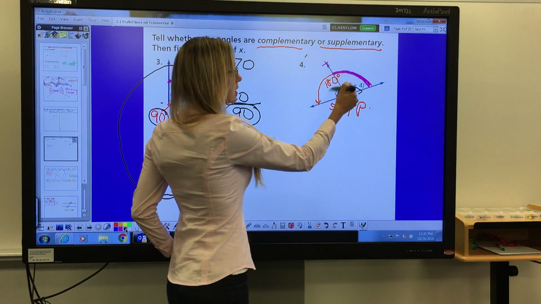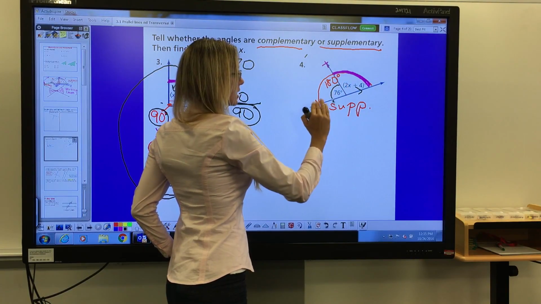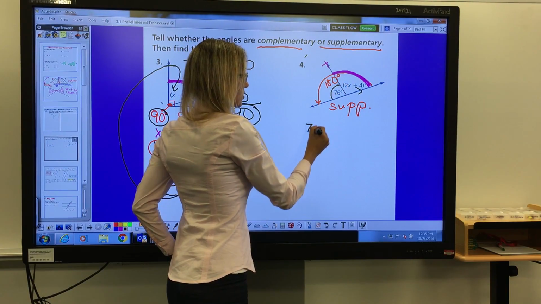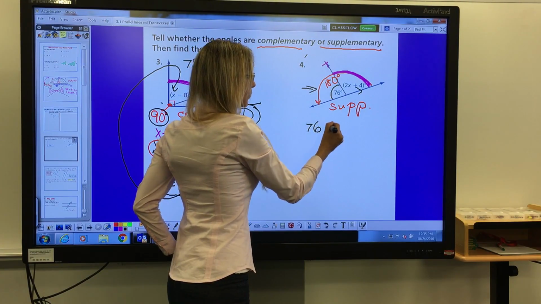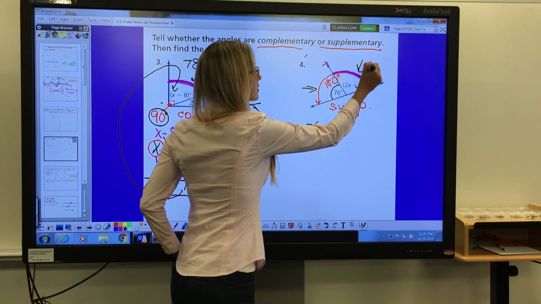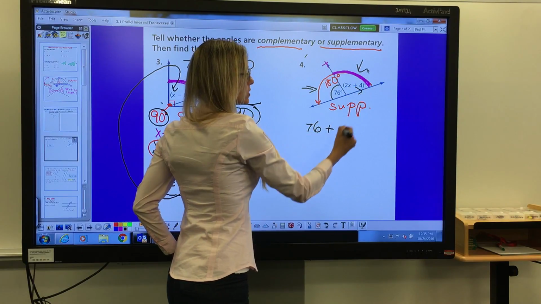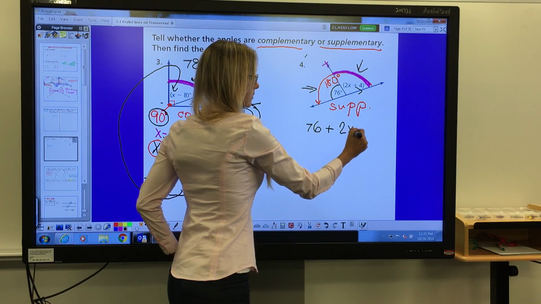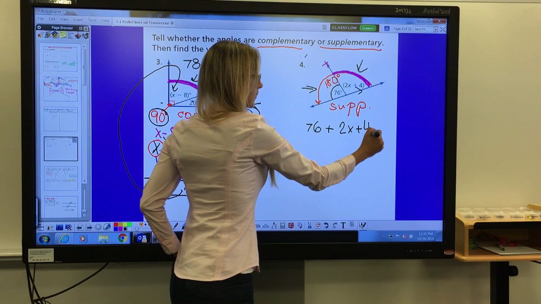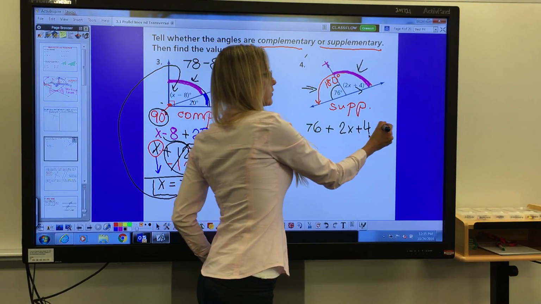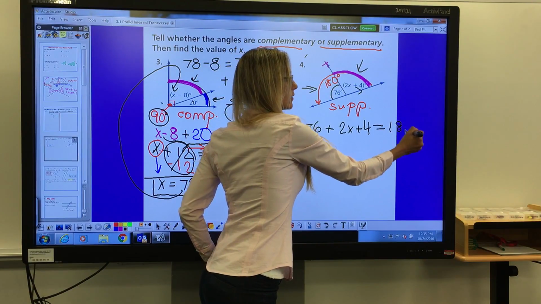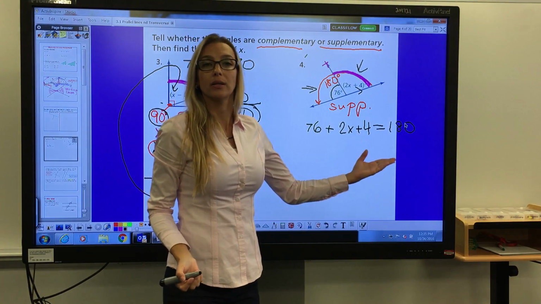This angle in here is already given, nice angle, I like it, which is 76. So this angle in here plus this angle over there, that angle is 2x plus 4. The sum of these two angles is supposed to give me 180 degrees, which is a straight line.